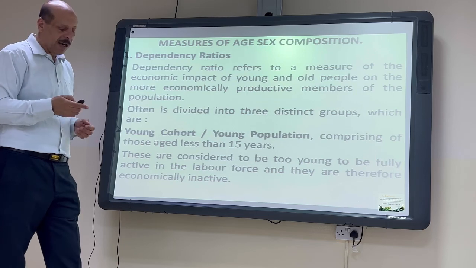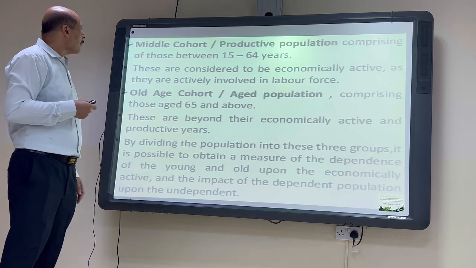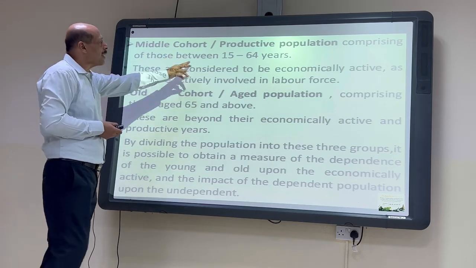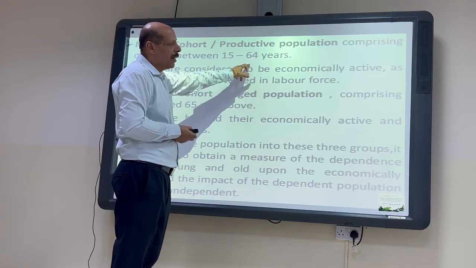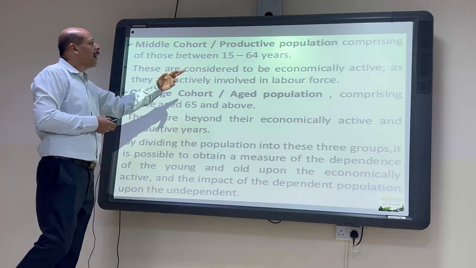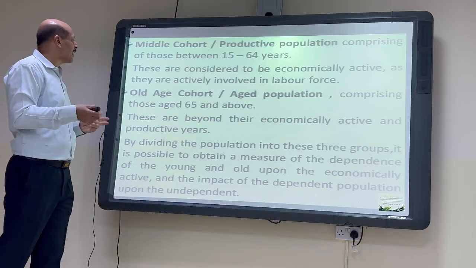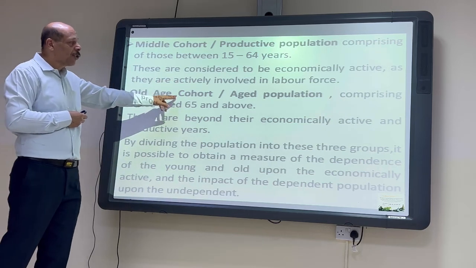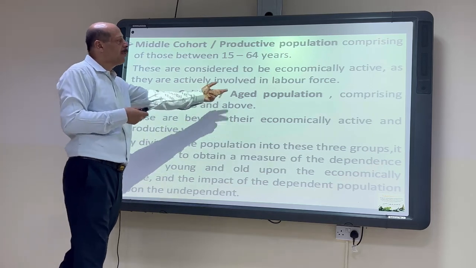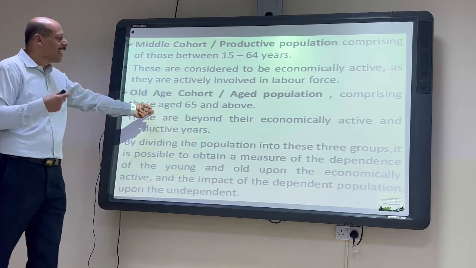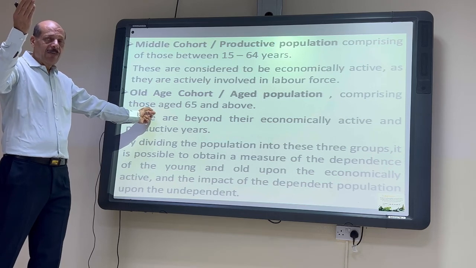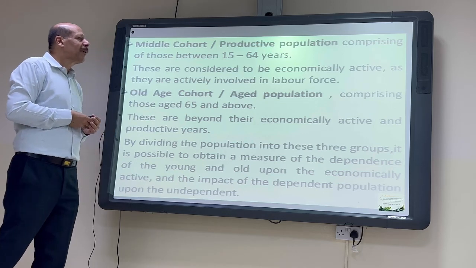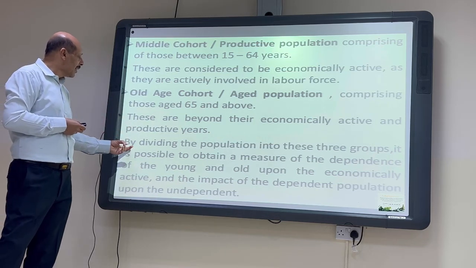The middle cohort is the productive population, comprising those from 15 to 64 years old. Those are considered economically active as they are actively involved in the labor force. The old age cohort is the population aged 65 years and above. Those are also beyond their economically active and productive years.